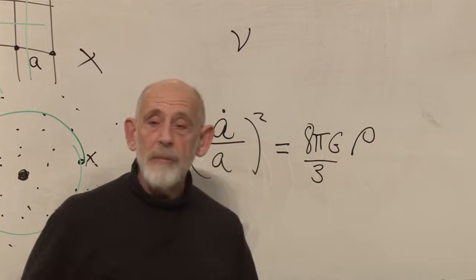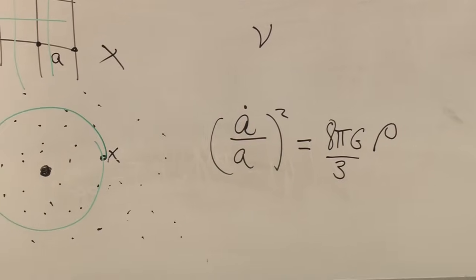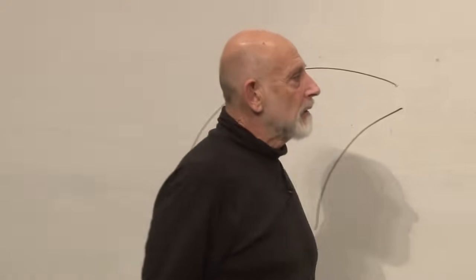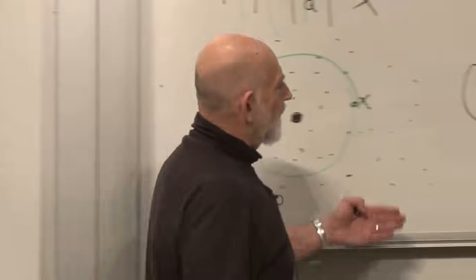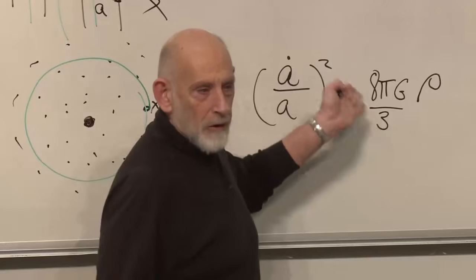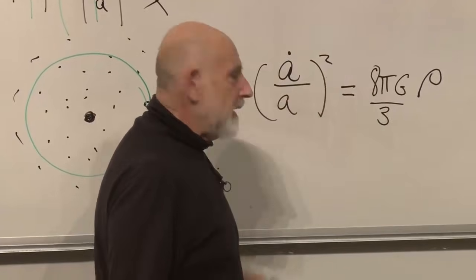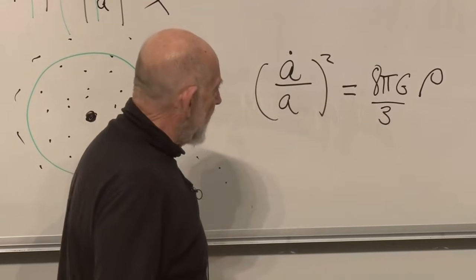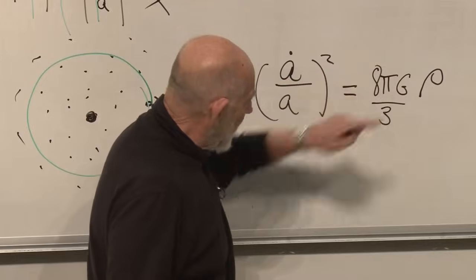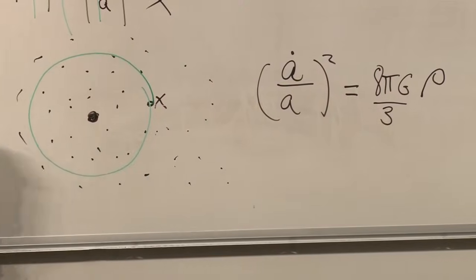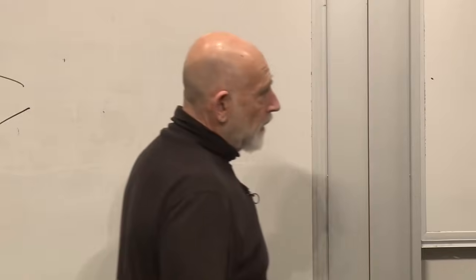That 3 ultimately came from the volume of a sphere, 4/3 pi r cubed. That's where the 8 is 2 times 4, pi is pi, and 3 is 3. This is related to the volume of some sphere. Okay, that was the equation that we worked out.